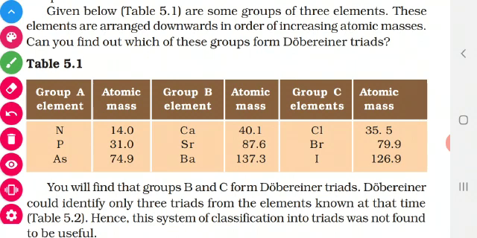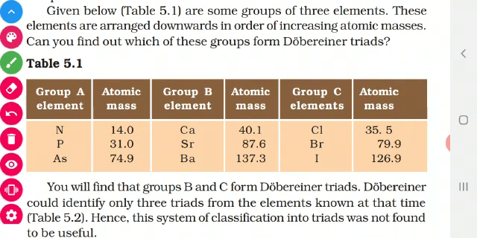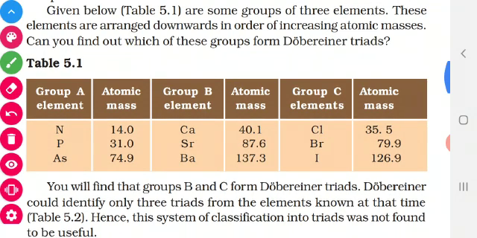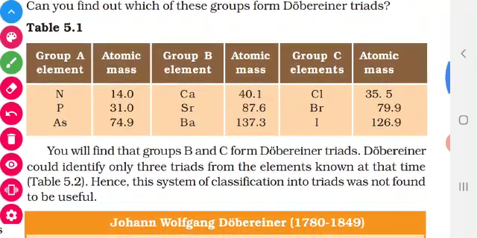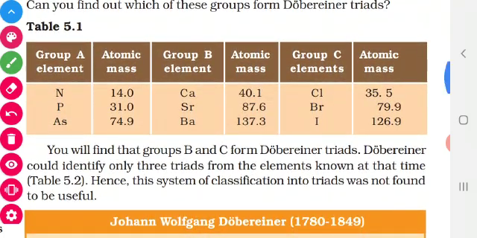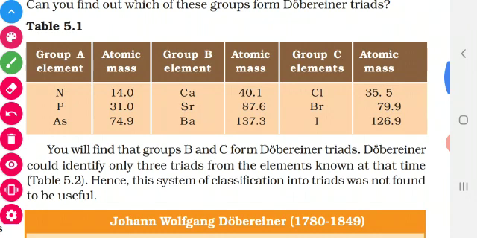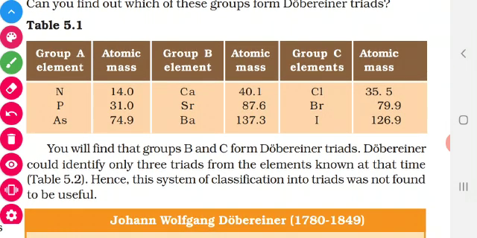Then come to group B: 40.1 plus 137.3 divided by 2. If roughly we are getting 87.6, that is a triad. Similarly chlorine 35.5 plus 126.9 divided by 2. If you are getting roughly 79.9, that is a triad.